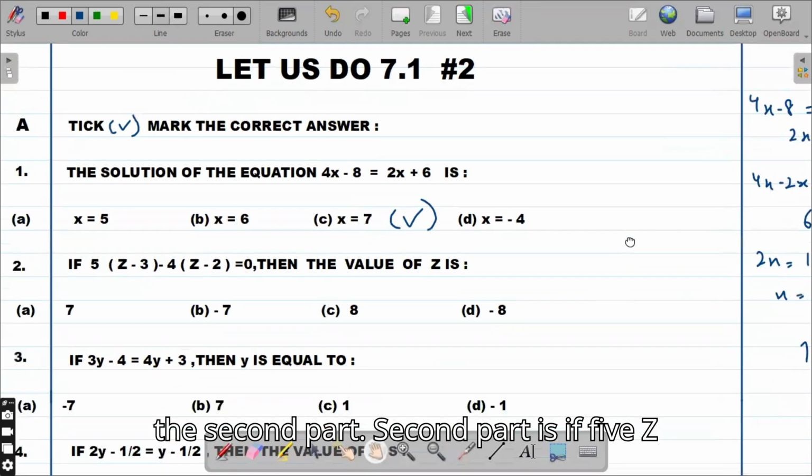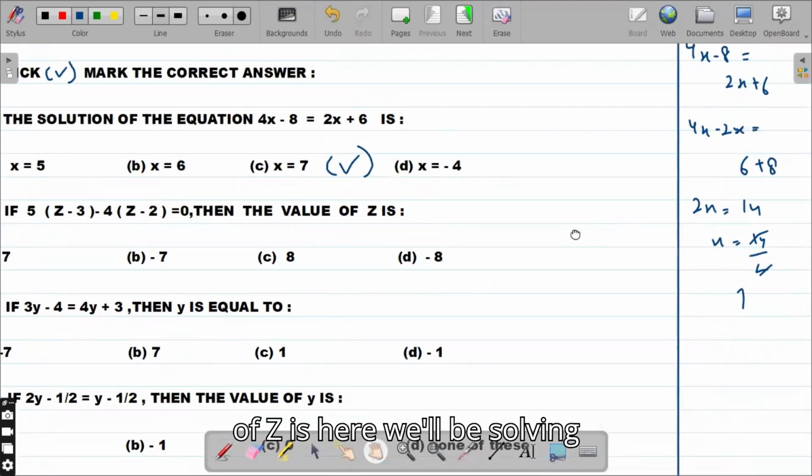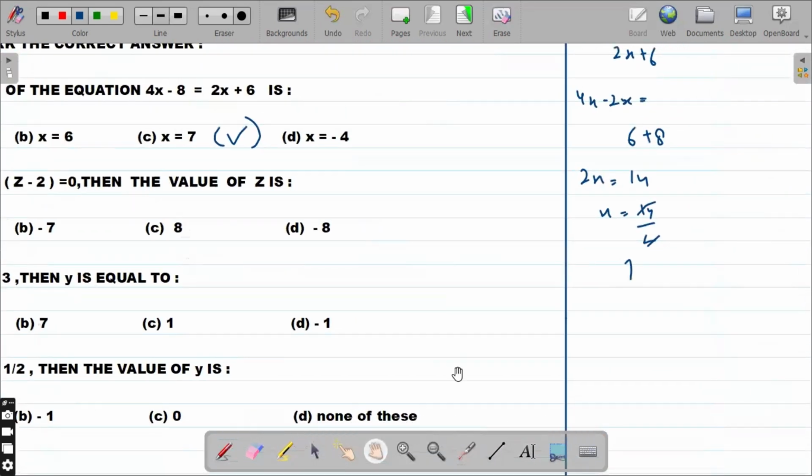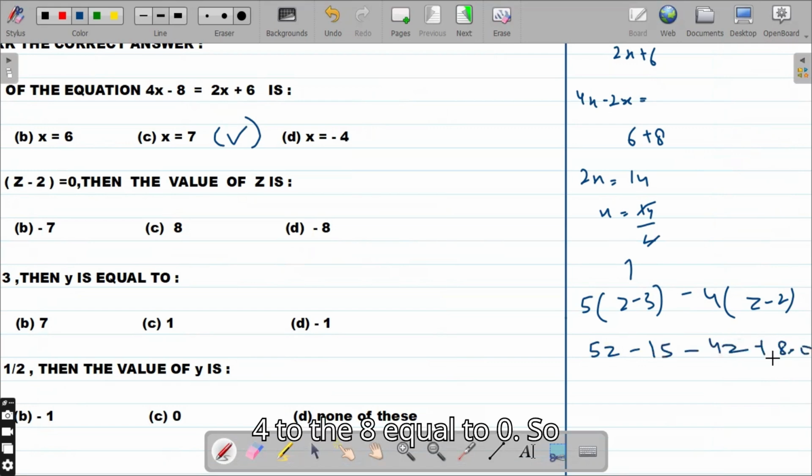Second part is: if 5(z minus 3) minus 4(z minus 2) is equal to 0, then the value of z is. Here we will be solving each of the steps. What is given to us? 5(z minus 3) minus 4(z minus 2). How to solve it? Multiply this with this. 5z minus 5 times 3 is 15, minus 4z plus 4 times 2 is 8, equal to 0.